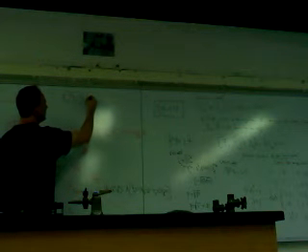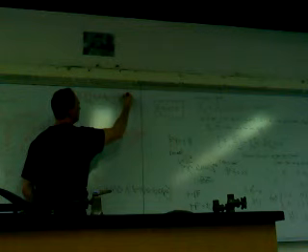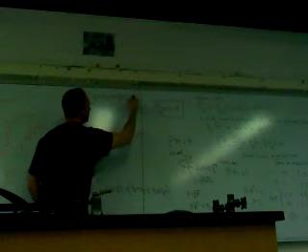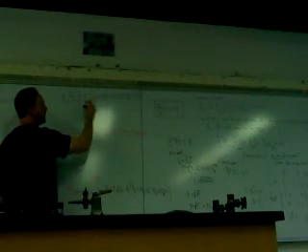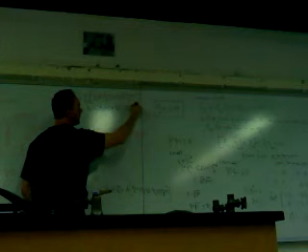That equals P12 on psi A of R1, psi B of R2, plus psi A of R2, psi B of R1. When you operate this on these, it switches R1 and R2. So what you get is psi A of R2, psi B of R1, plus psi A of R1, psi B of R2, right?